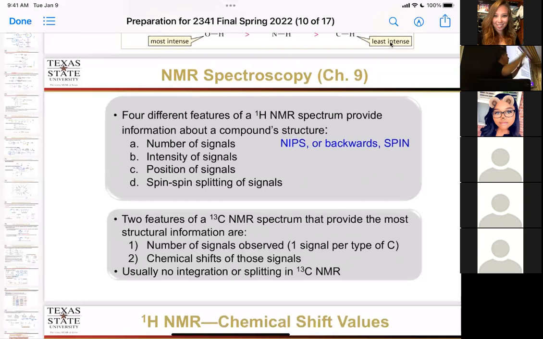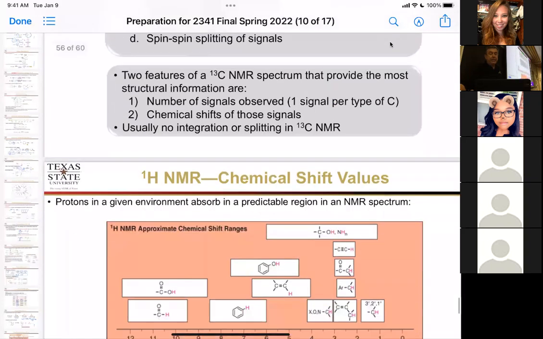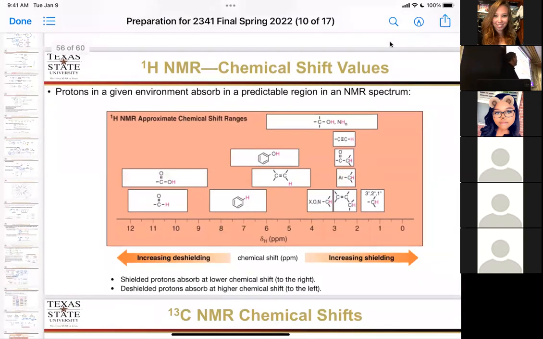In carbon NMR, all we have to do is worry about our shifts and our number of carbons. So it's a little bit easier, okay? And those values, note, they come in zones, right? Our hydrogens bonded to carbons come in this zone.